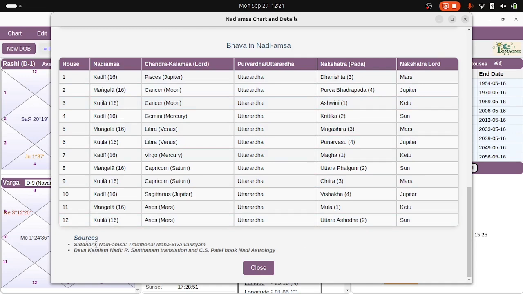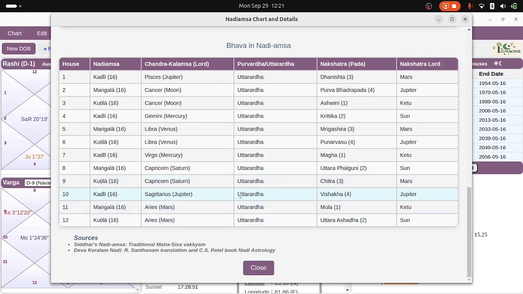For the Siddhar, the one I've shown you, it is from the traditional Maha-Siva Vakkyam. This is the traditional Nadi Amsha, mostly in southern India, Tamil Nadu and Kerala, and elsewhere also, but those are the places you would go to find more about them.